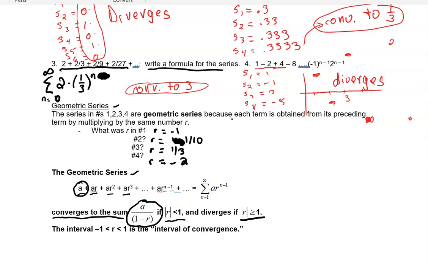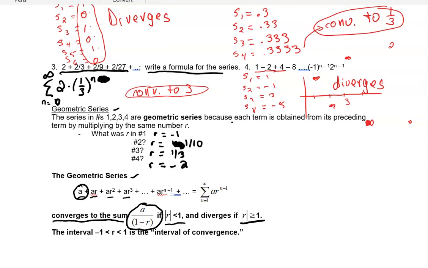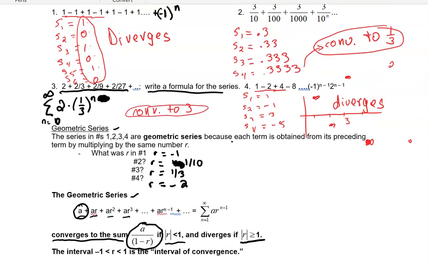So now let's test those first 4. If we look up here at number 1, remember how number 1 diverged. The reason that diverged is because if we look at this little statement here, here is our r. If I took the absolute value of the ratio in number 1, its absolute value was a positive 1. And if the absolute value of our ratio is greater than or equal to 1, it should diverge, which it did. We should converge if the absolute value of the ratio is less than 1.